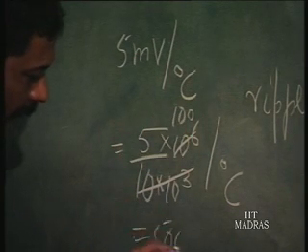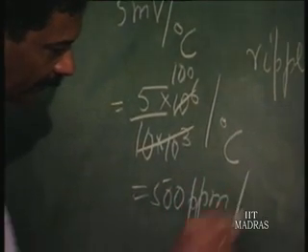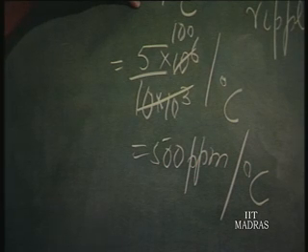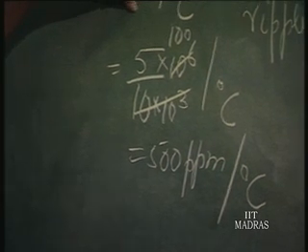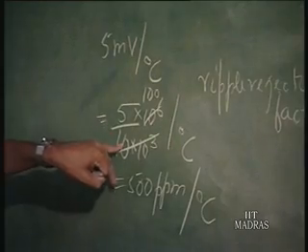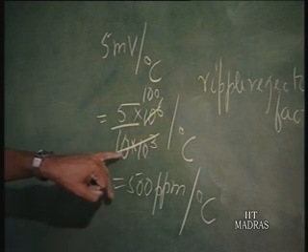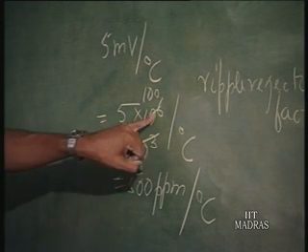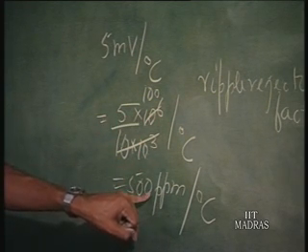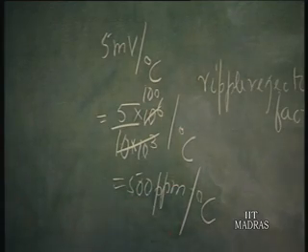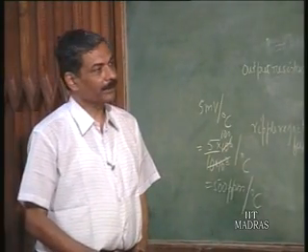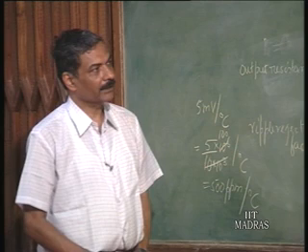This is 500 parts per million per degree centigrade. Assuming that the temperature coefficient of V Z minus V gamma is 5 millivolts per degree centigrade, since the voltage reference is 10 volts, 5 divided by 10 into 10 to the power 3 millivolts into 10 to the power 6 will give you so many parts per million per degree centigrade. So, we have evaluated the temperature coefficient of the output voltage as 500 parts per million per degree centigrade.